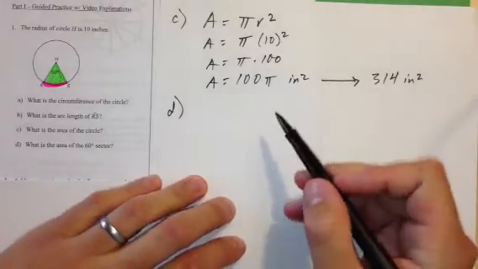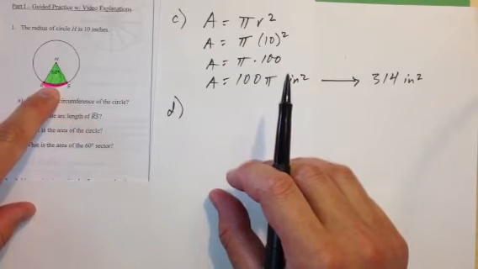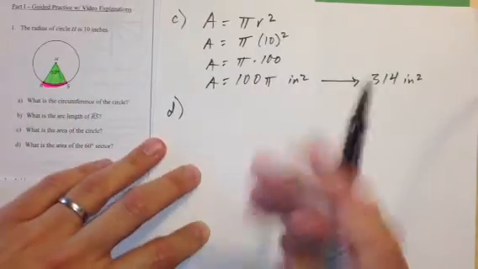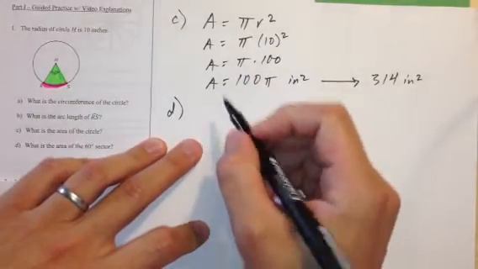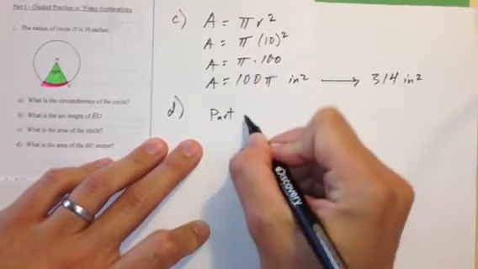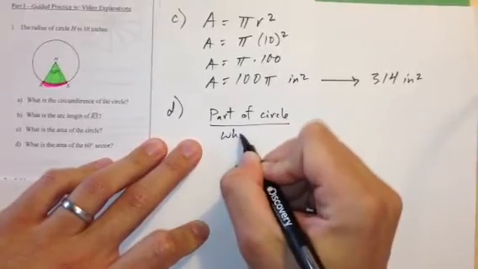So we're trying to find not the area of the entire circle, which we found, just the area of the sector, this slice of pizza or slice of pie, what I shaded green here. So again, we're going to set up the same ratio as we did before with arc length. It's part of circle, again from the notes, over the whole circle.